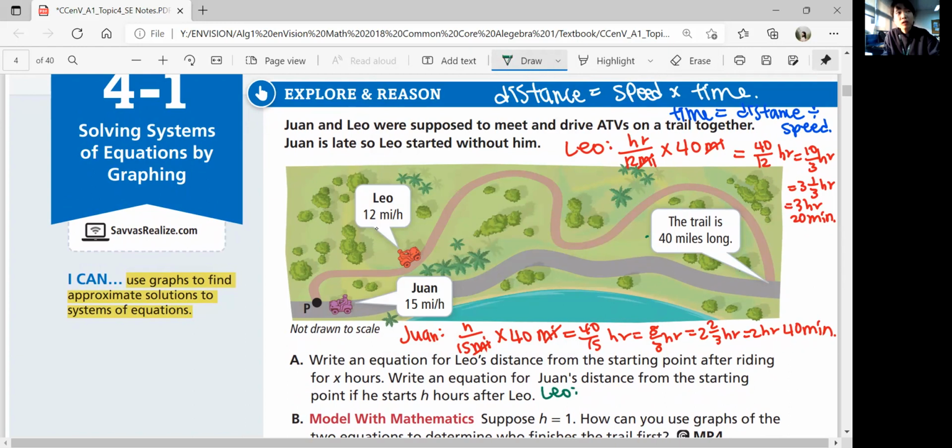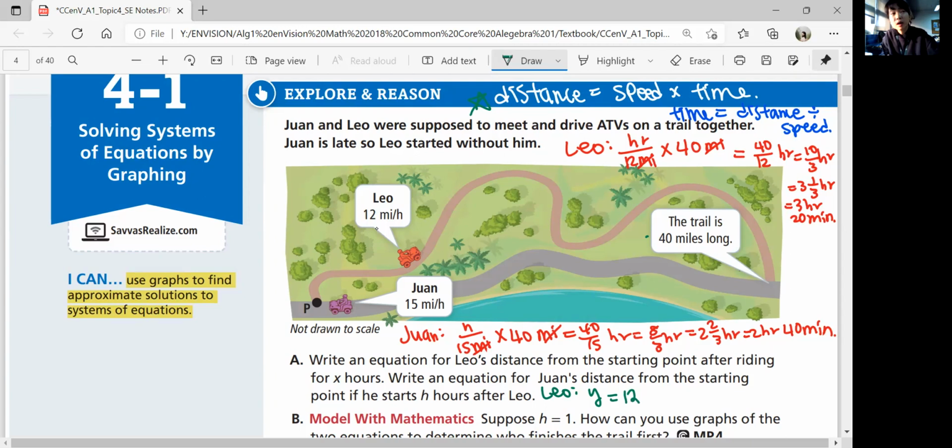Y is the distance that he has traveled, and the distance will increase depending on his speed and how much time he traveled. Again, distance is equal to speed times time. Total distance is y here. Leo's speed is 12.